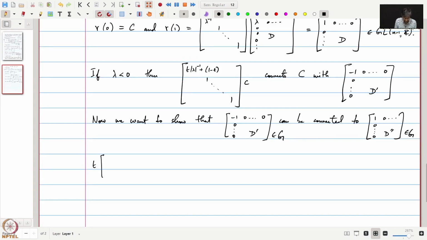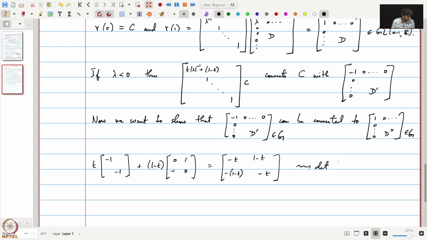So consider this matrix, t times minus 1, this 2 cross 2 matrix. This is equal to minus t, and this has determinant t square plus (1 minus t) whole square, which is positive.